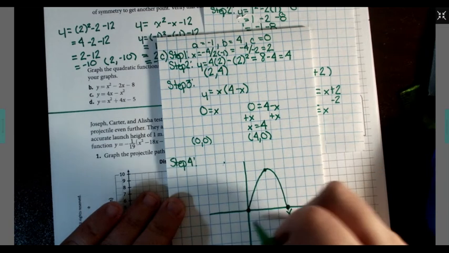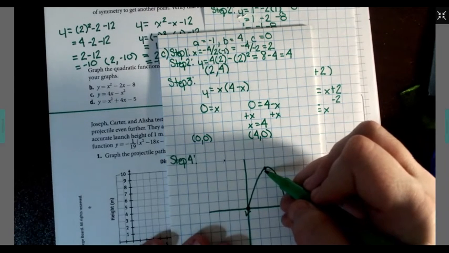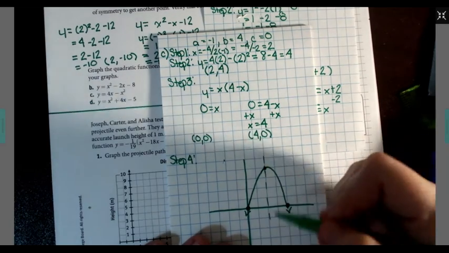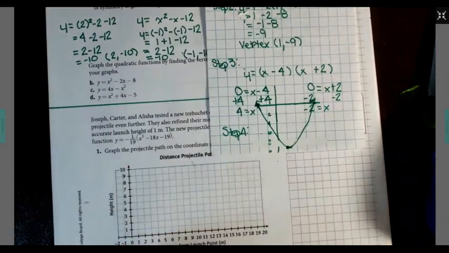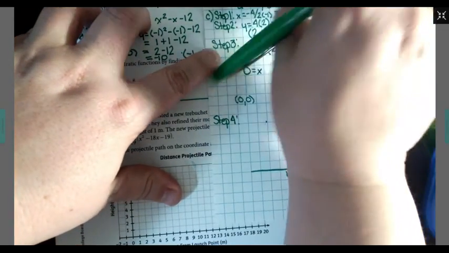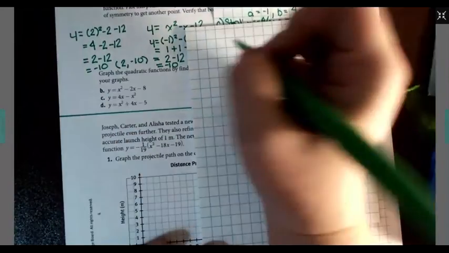So it looks like such. And remember, it says my axis of symmetry was at x equals 2. So it's down this line right here. Let's take a look at our very last example in the try these on your own. I meant the try these A. So let's look at D.